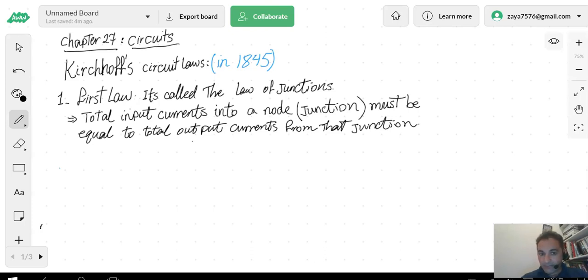What is that? This law in reality is the law of conservation.